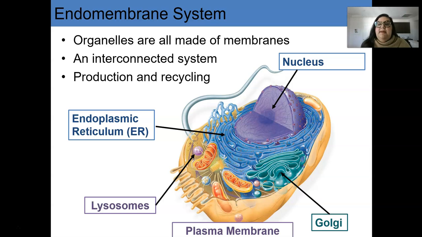This system is made up of the nucleus, the endoplasmic reticulum, the lysosomes, the plasma membrane, and the Golgi. And this interconnected system is set up for production and recycling.